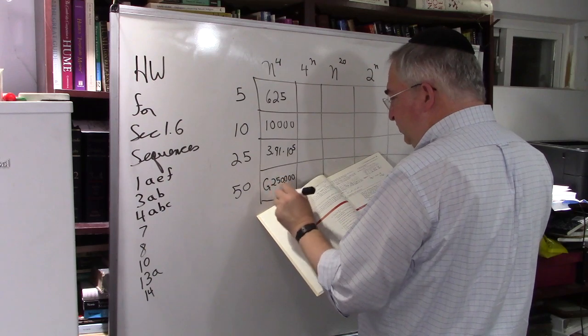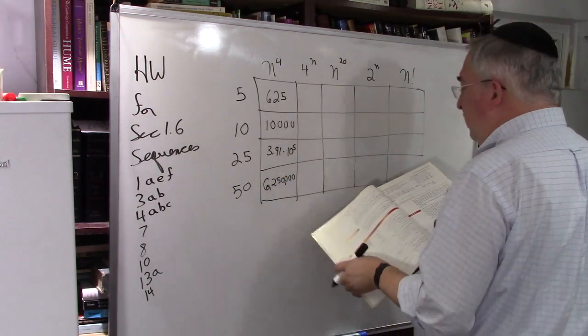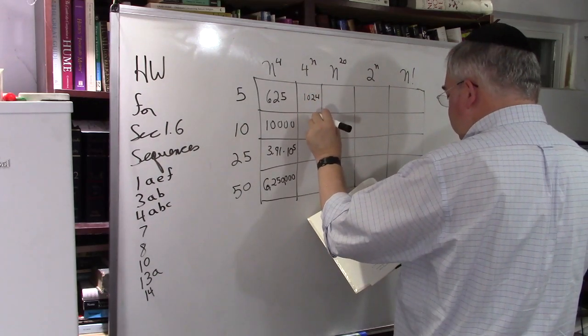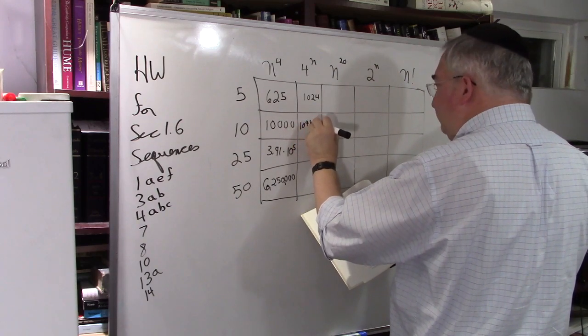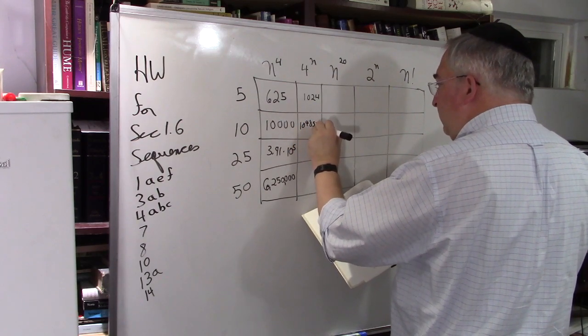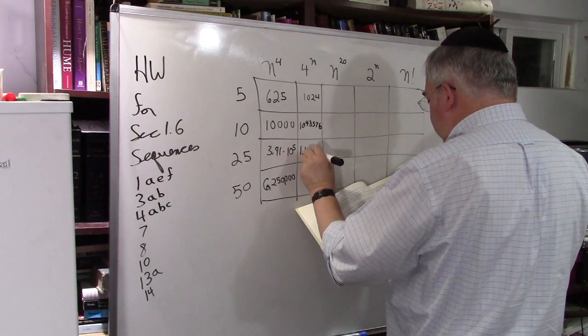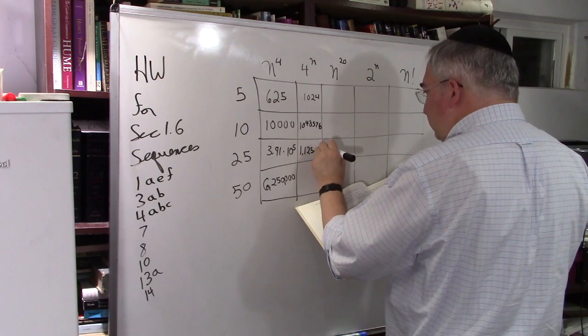This is 6,250,000. So that's 6,250,000. This is 1024. This is 1048576. This is 1.125 times 10 to the 15th.